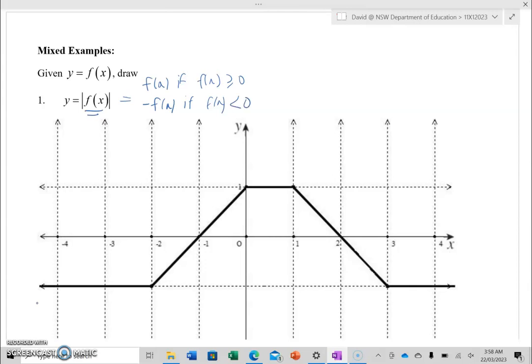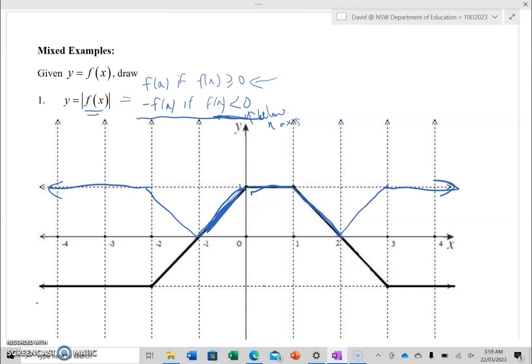So if we're above the x-axis, we stay in the same position. And this bit here means if the original graph is below the x-axis, we reflect in the x-axis. So it'll look something like this. And this bit gets reflected above.